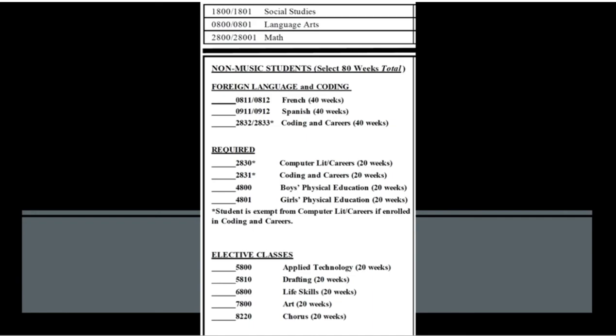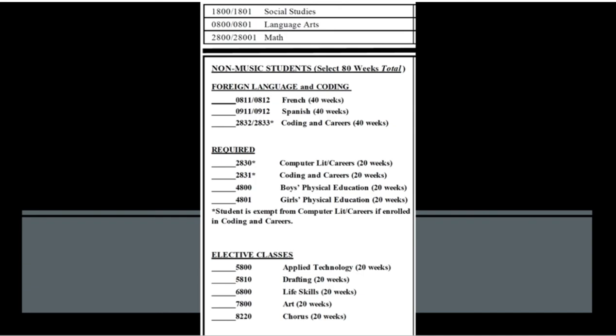Otherwise, you would take one of the half-year careers classes, you would take phys ed, and then you're going to get 2 elective options. So let me go over that just quickly again. One of the half-year career classes, and one other elective. Or one of the half-year career classes, phys ed, and 2 electives from that last category.